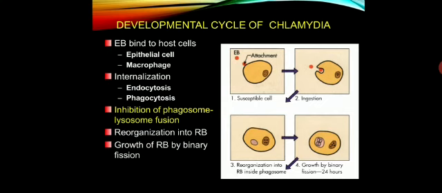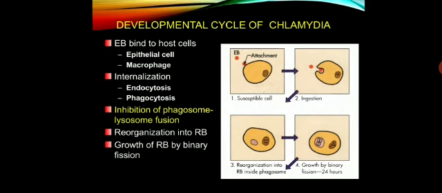The developmental cycle of Chlamydia. The elementary body binds to the host cell, the epithelial cell or macrophages. They internalize inside the host cell via endocytosis or phagocytosis. Then there is inhibition of phagosome-lysosome fusion.